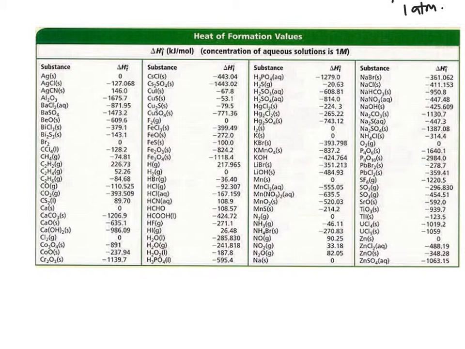So, for example, if I was just to pick one of these, let's say I was picking chromium, Cr2O3, notice it says solid next to it. It's because its formation as a liquid is going to be a slightly different number. What I'm really looking at is how that was made from the elements. So from solid chromium and from O2 gas.